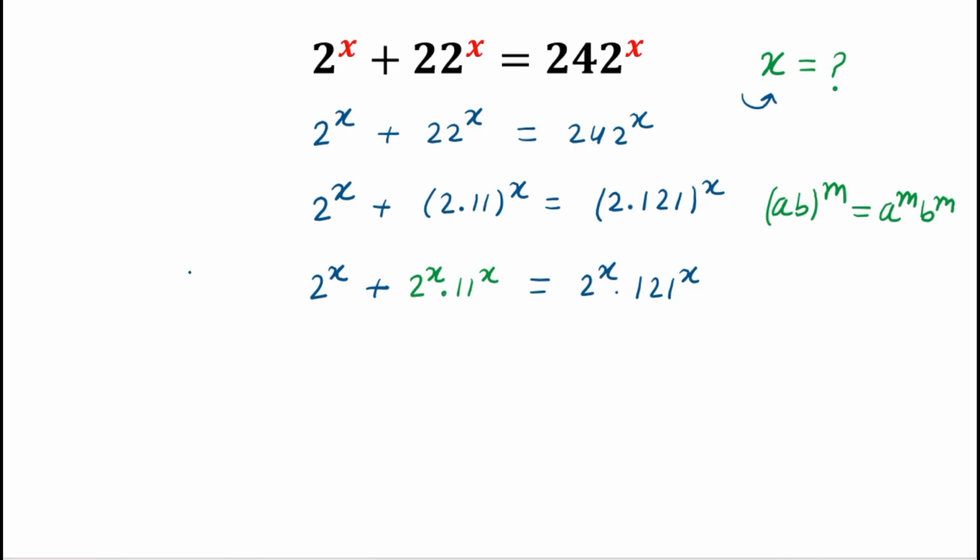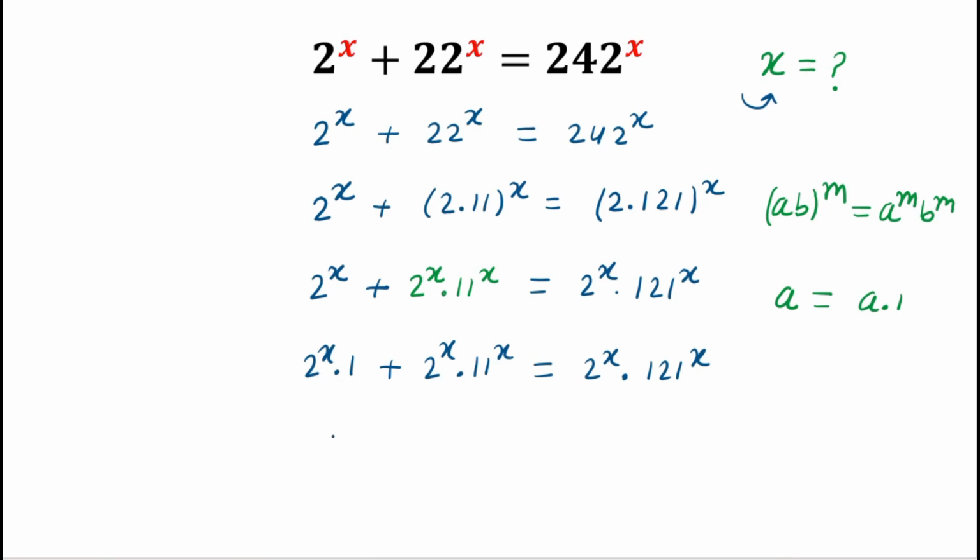Now we know that we can write any term a as a times 1. So here we can write this 2^x as 2^x times 1, plus 2^x times 11^x is equal to 2^x times 121^x. Now look carefully at the left hand side. Here 2^x is a common factor.